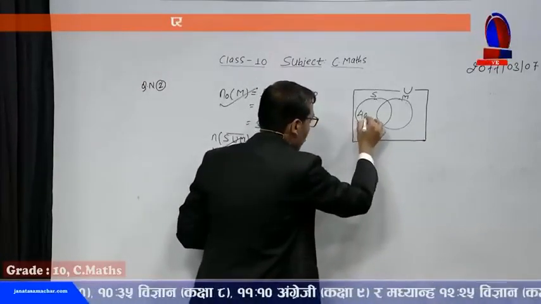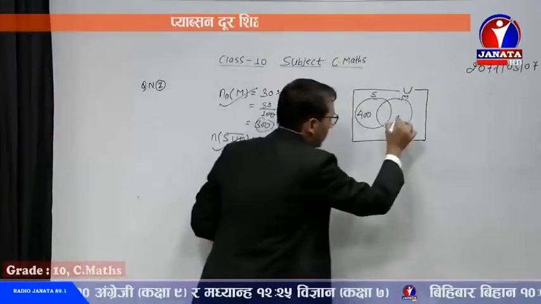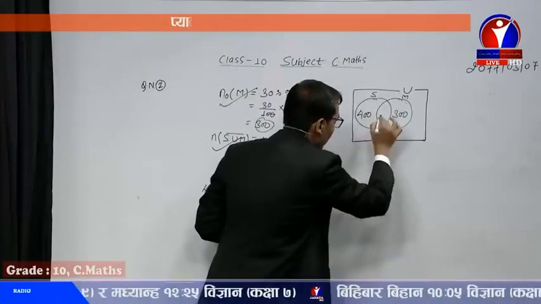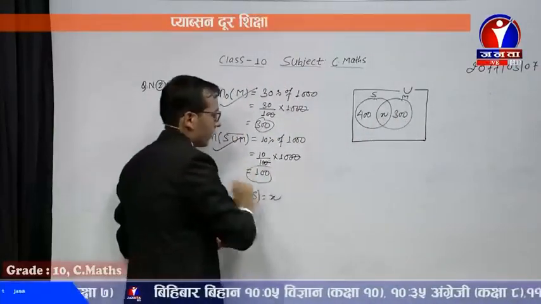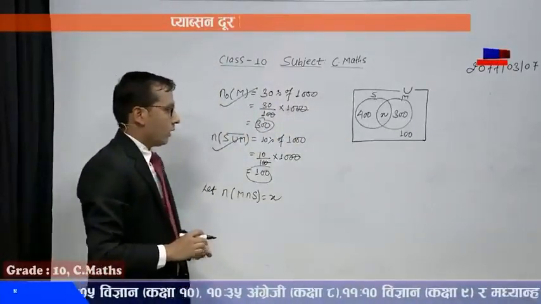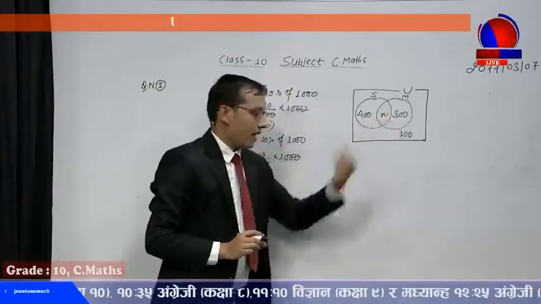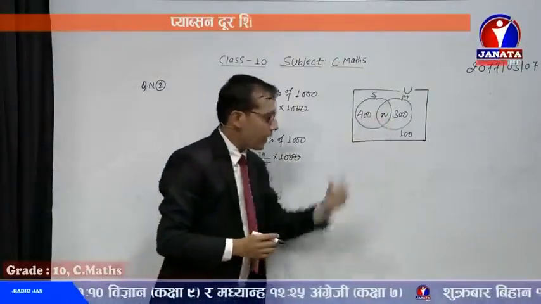We have got 400. What is n(only M)? 300. What is the intersection? X. And what is the complement? 100. Okay, so now we can find X. X is unknown in the diagram.